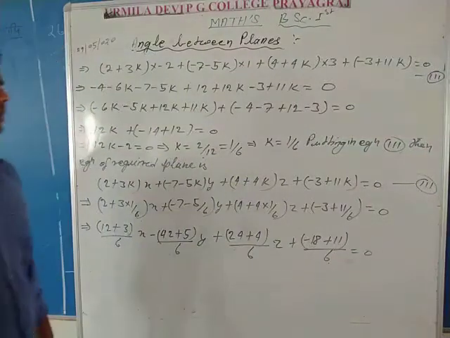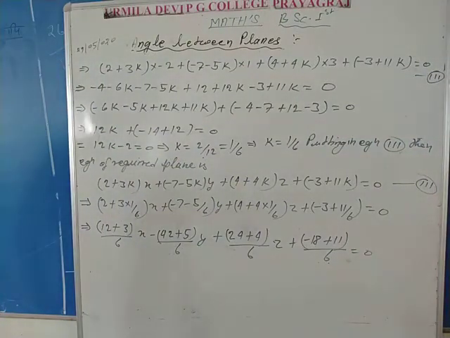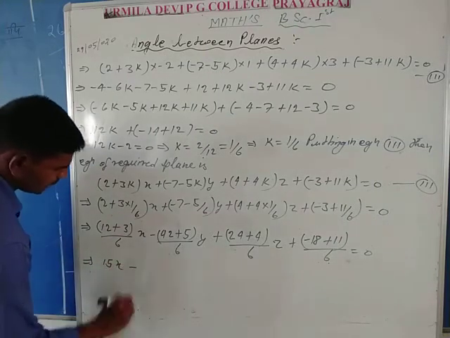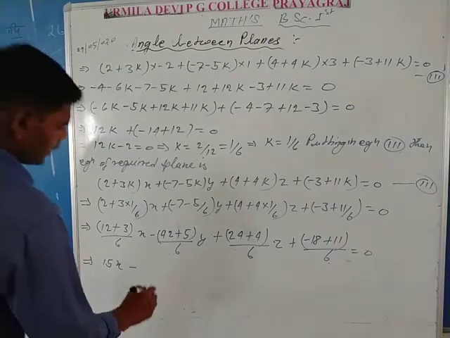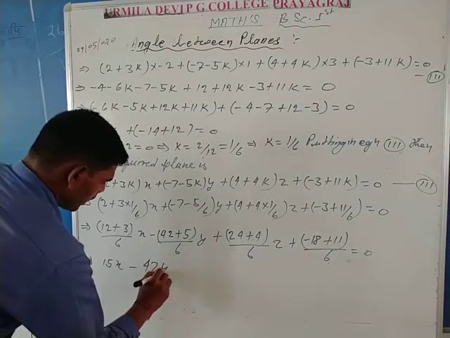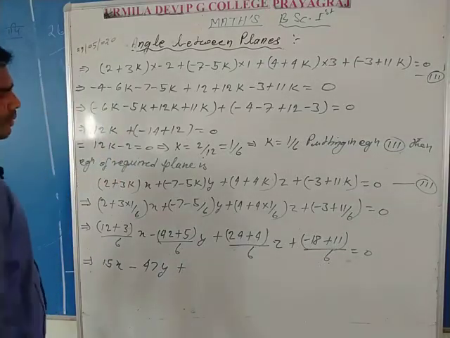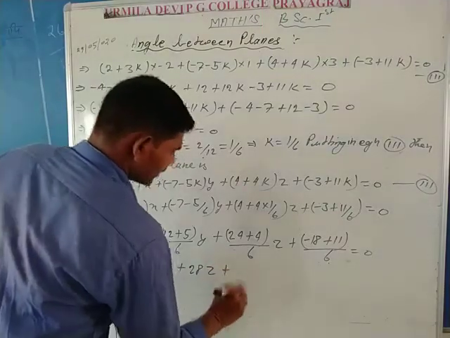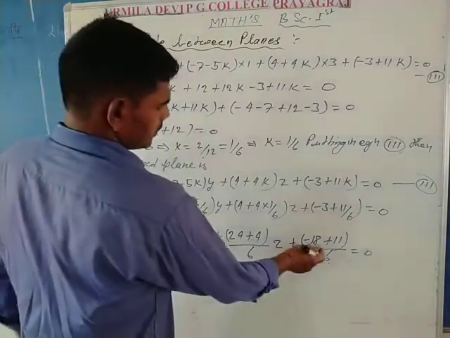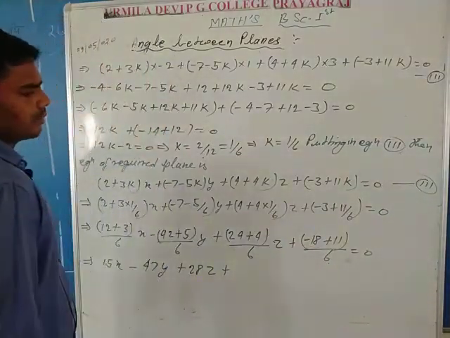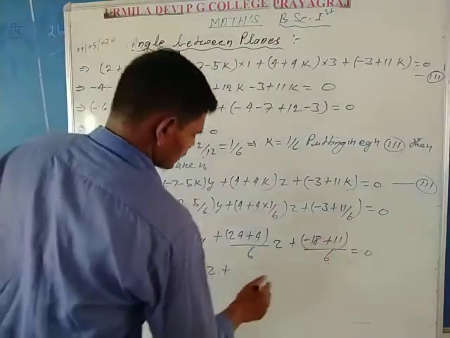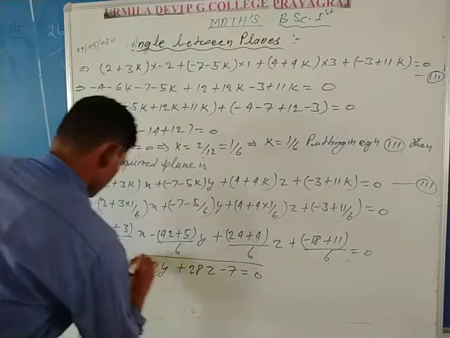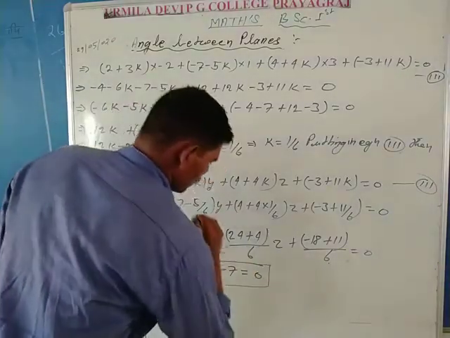Taking 6 as LCM and transferring it to the right-hand side, which is 0, this implies 15x - 47y + 28z, and here the minus and plus combine to give -7, is equal to 0. This is the required equation of the plane.